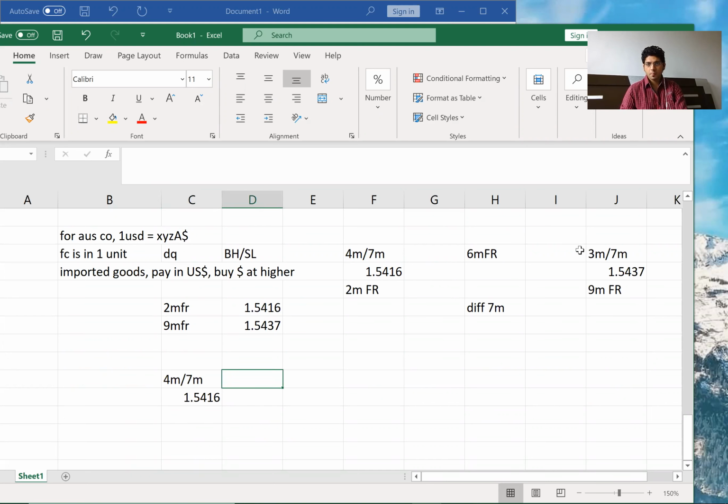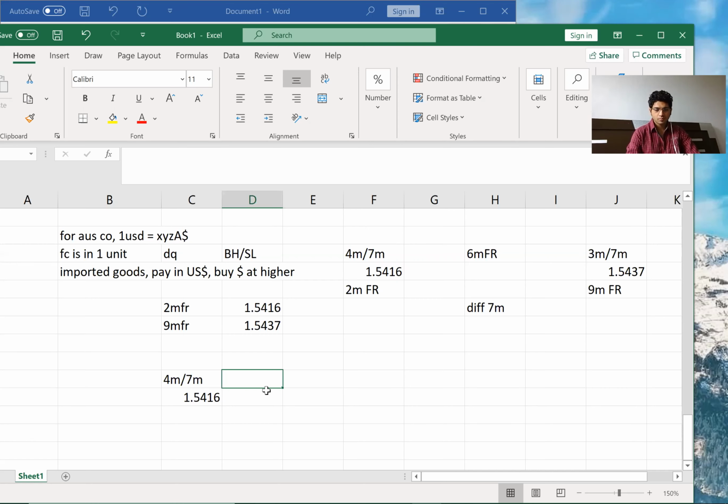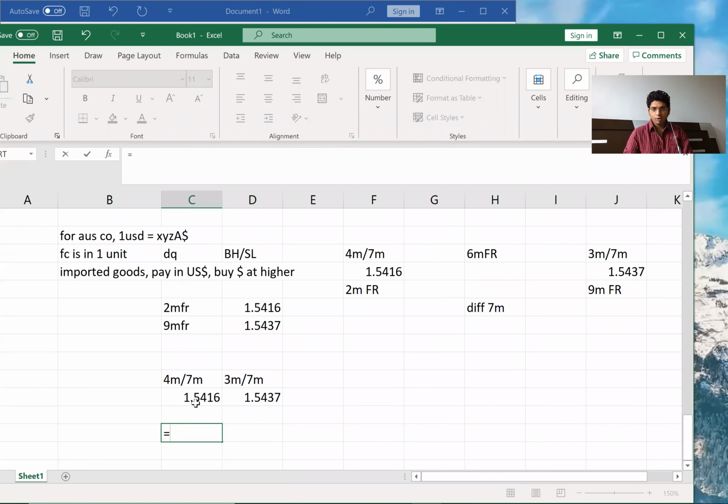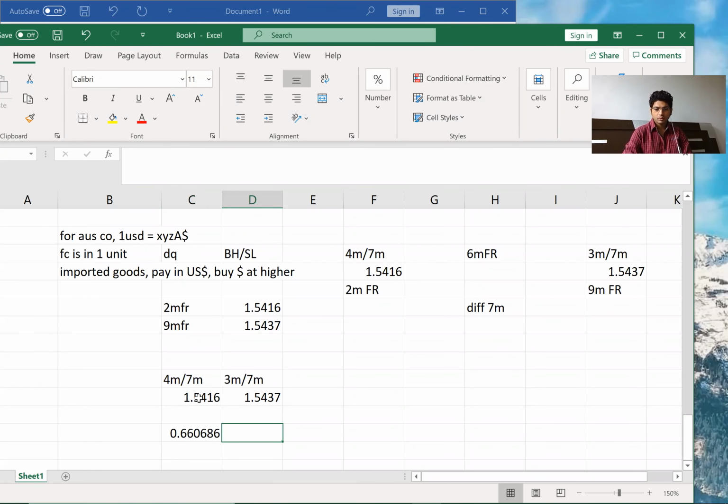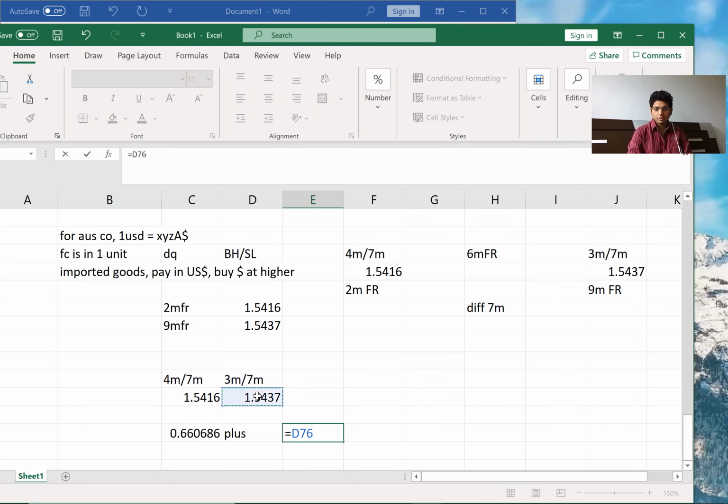So the mid rate will be 1.5416 into 3 by 7, plus 1.5437 into 4 by 7.